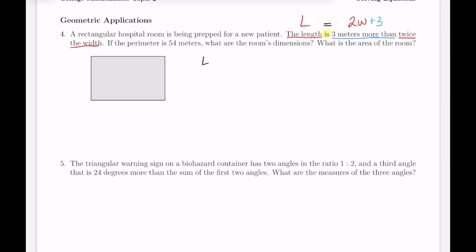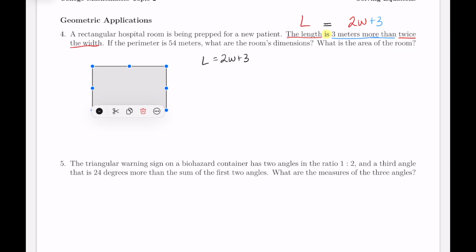First equation is L equals 2W plus 3. The length is twice the width plus 3, or 3 more than twice the width. Yeah, I think we're good there. Let's get rid of those. It also tells us the perimeter is 54 meters.